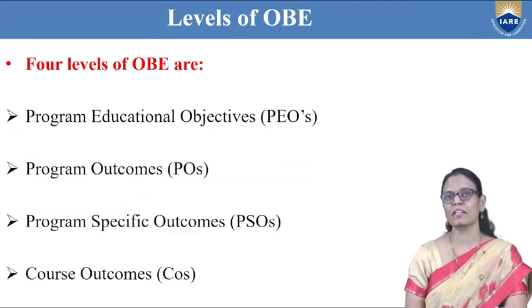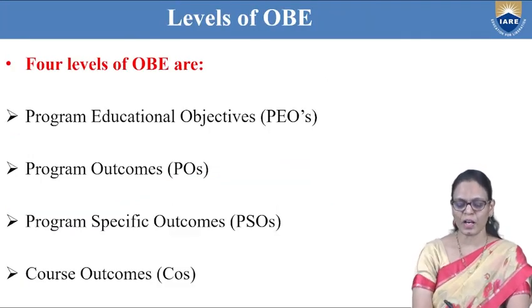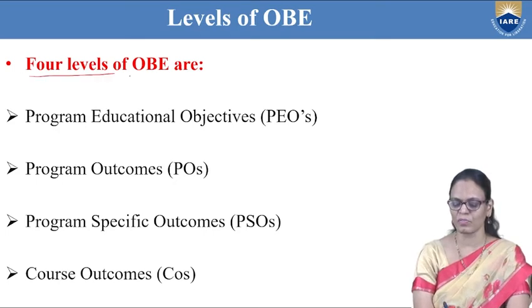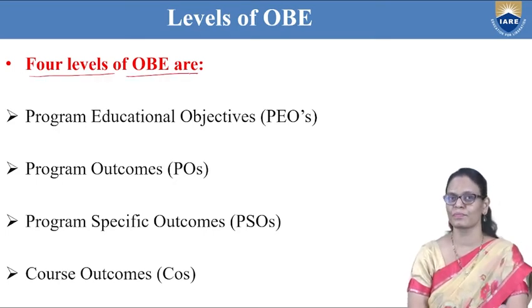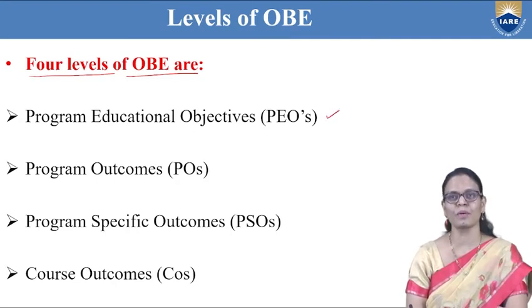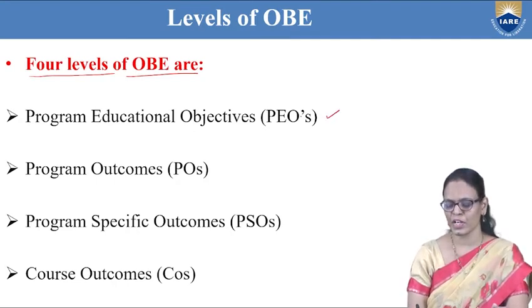Next, what are the levels of OBE? There are 4 different levels of OBE. Very important to know. The first one is Program Educational Objective, called in short form PEO. The second one is the Program Outcome, PO.